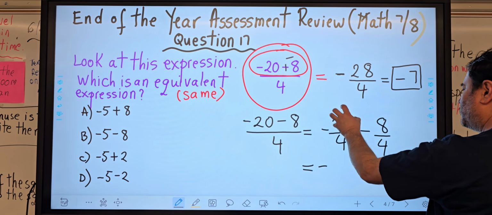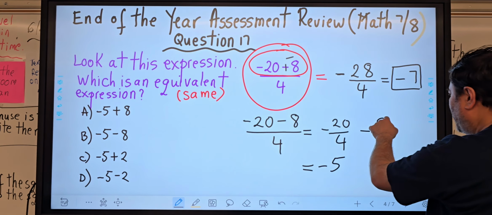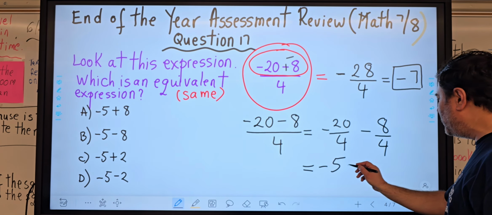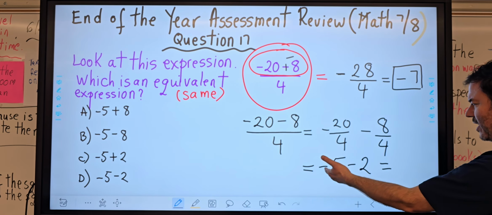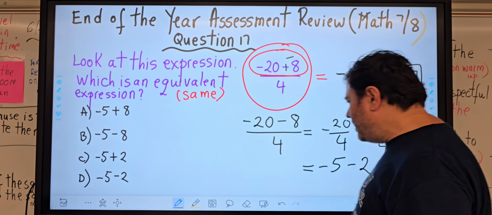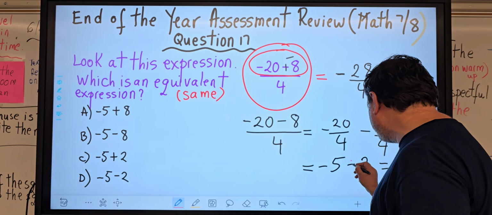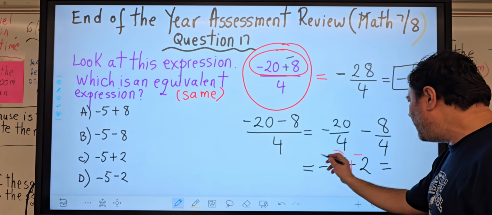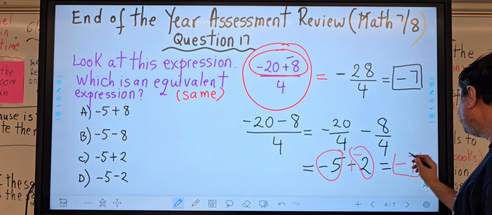Which number times 4 gives you 20? And that's negative 5. And the same thing here, 8 divided by 4 becomes negative 2, because 2 times 4 is 8. And now negative 5 minus 2 is the same thing as negative 5 plus negative 2. And if we add those two together, we also get negative 7.